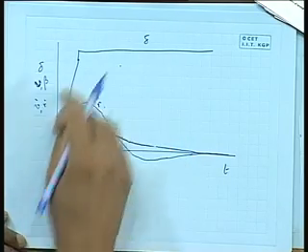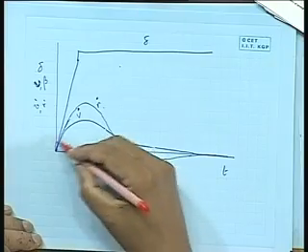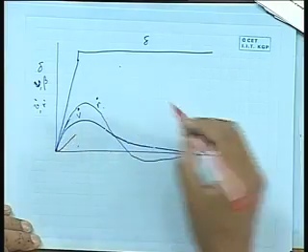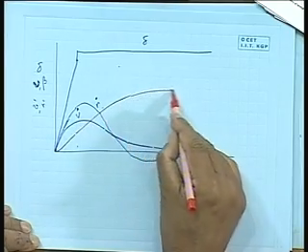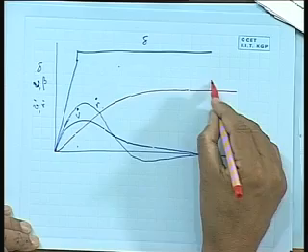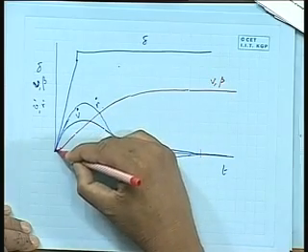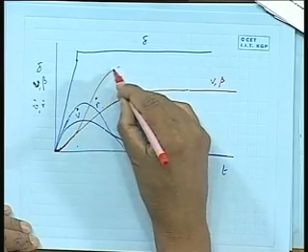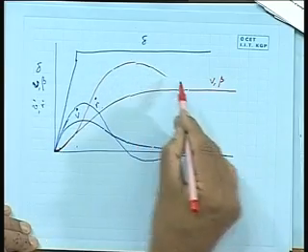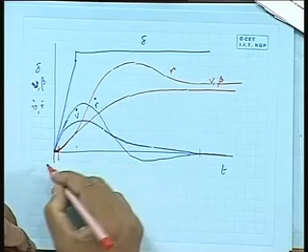Whatever, it will basically have some value and go to 0. Now maybe you can use another color. This is V and beta, and we have got this. So this small part is first phase.